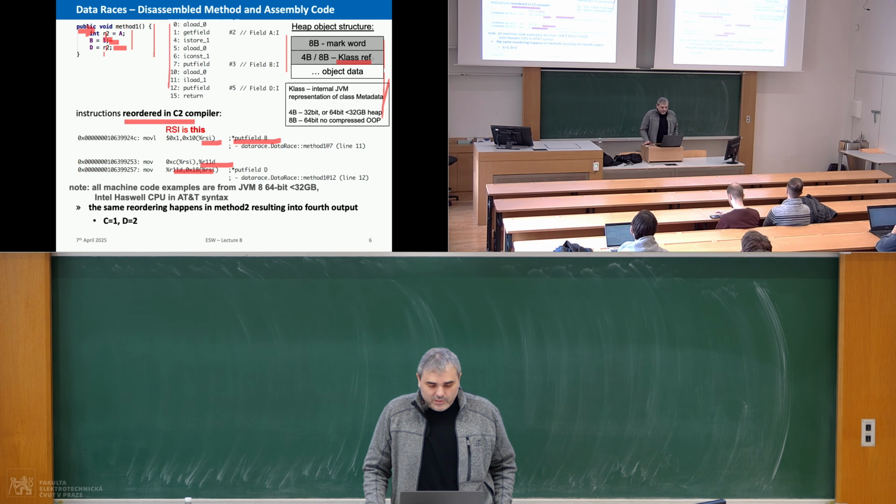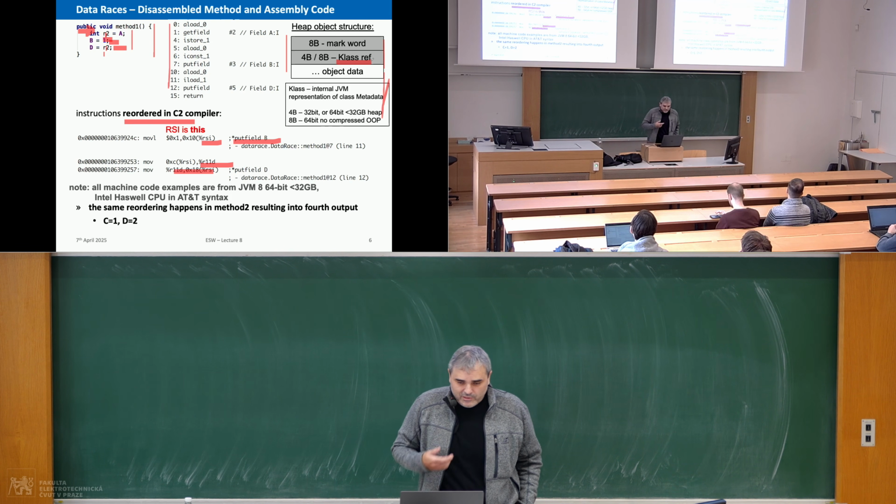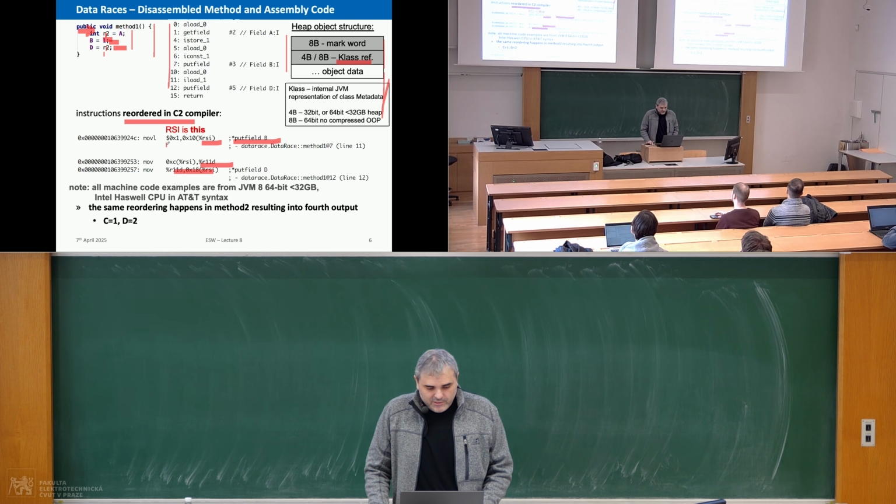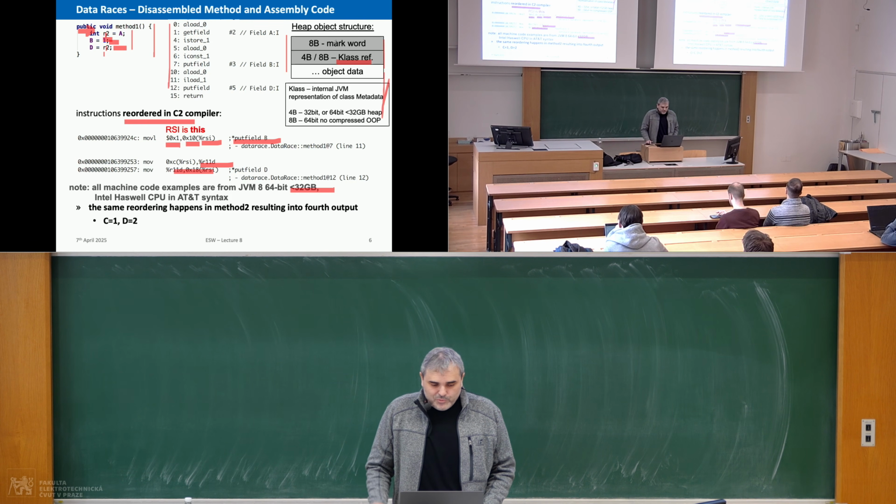The class reference is with K, as mentioned last time, because it's the internal representation of the class. So if you look here, write 1 into field B is write 1 into offset 10 hexa, which is 16. Why 16? In this case, we used a heap size smaller than 32 gigabytes, so compressed OOP is used. So 12 bytes is the header of the object, and then object data is there.